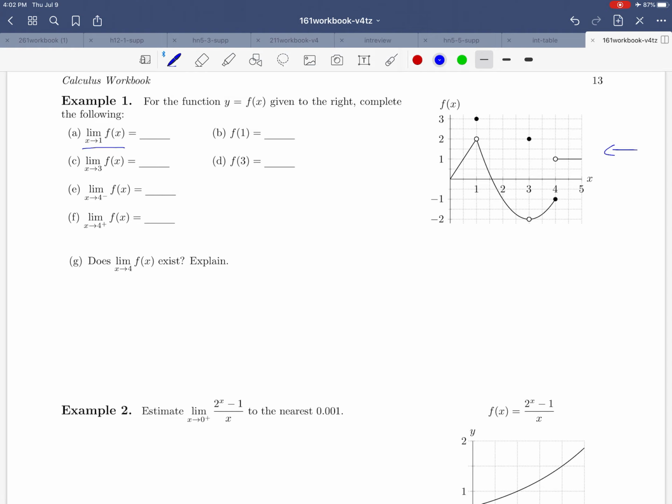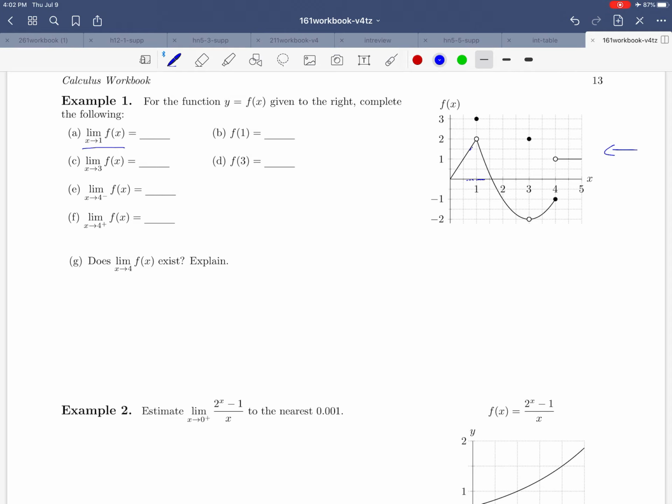So what are we trying to find when we are trying to find a limit as x approaches 1? We want to know what happens to the function values of f as x gets closer to 1 but isn't ever really equal to 1. So we just want to know as x approaches 1 from the left and from the right, what do the function values do?